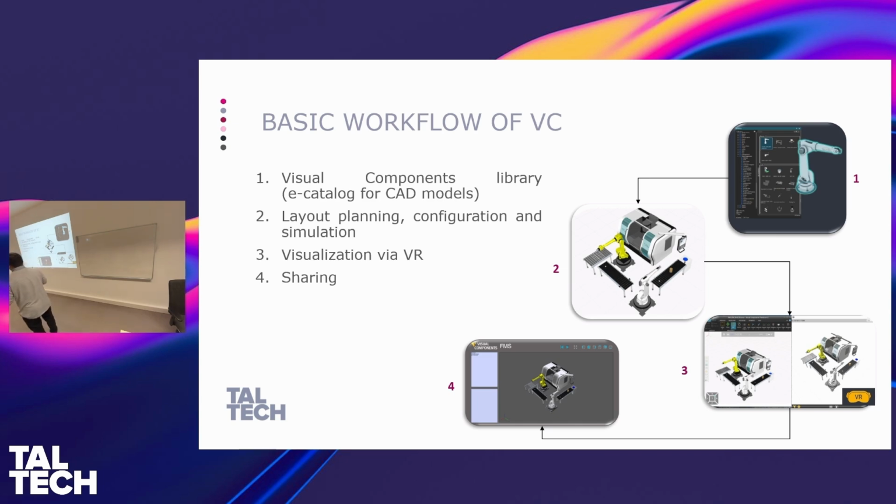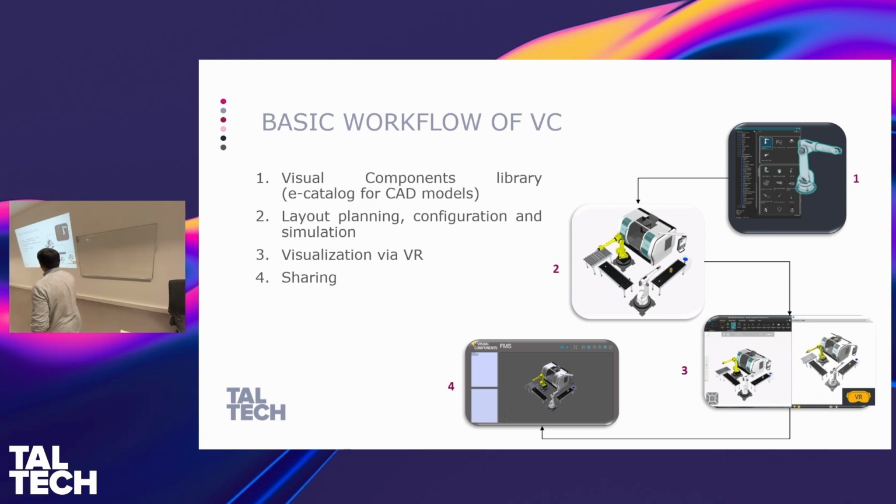After we find out, if I need to create, let's say, a production cell, what components I need. If I find those components in this e-catalog or CAD model library, then I start creating the layout. We put our components logically so that we execute the whole process.